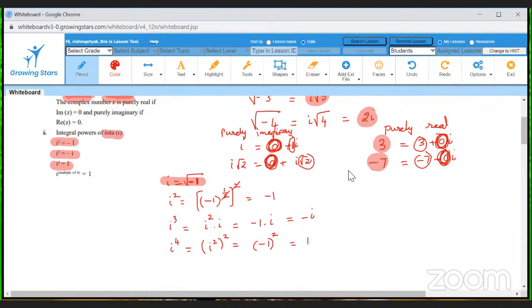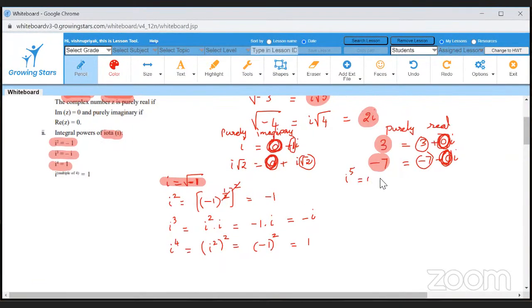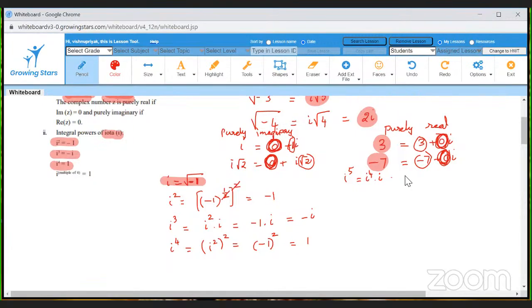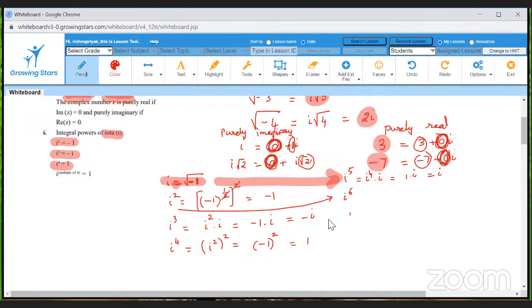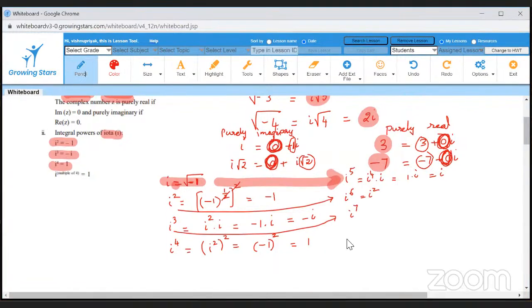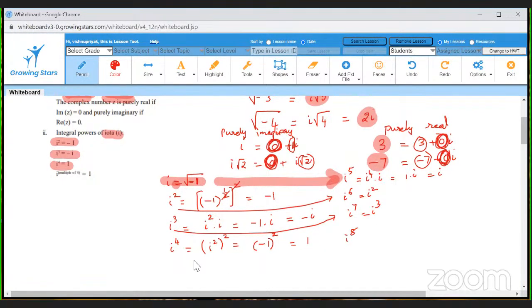If you have i power 5, what is i power 5? i power 4 into i, that is 1 into i, it is i. So i power 5 will be same as i. i power 6 will be same as i squared, i power 7 will be same as i cubed, i power 8 will be same as i power 4, that is 1.